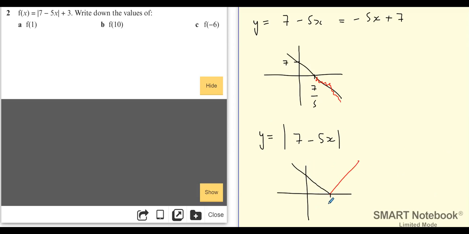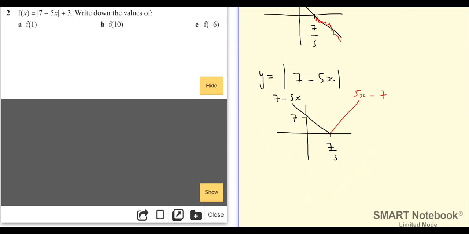This point is still 7 over 5. This point is still 7. The equation of the original part of the line is still 7 minus 5x. The equation of the red part of the line becomes 5x minus 7. I still need to do one more transformation.